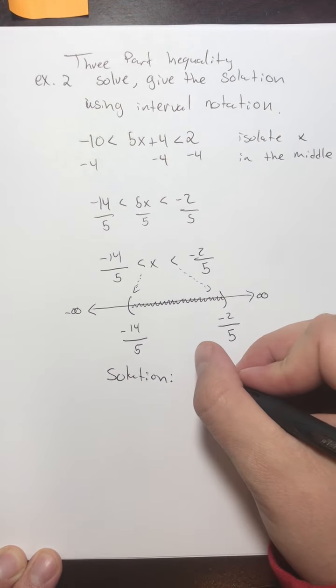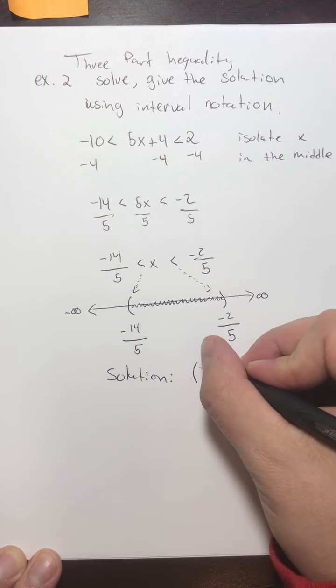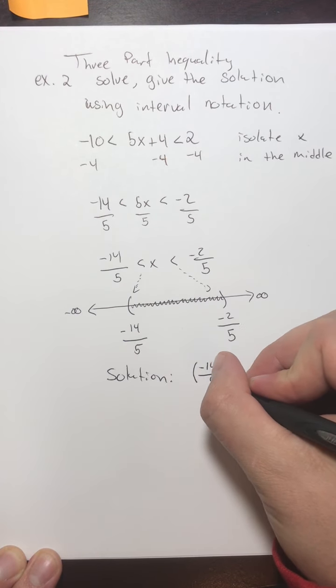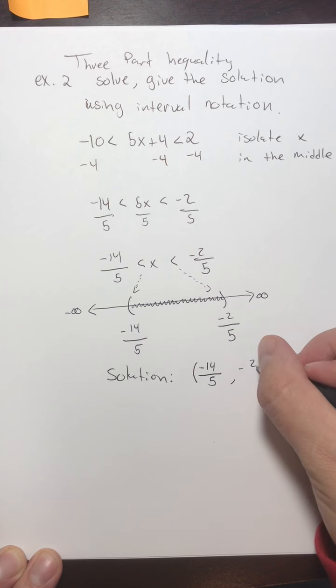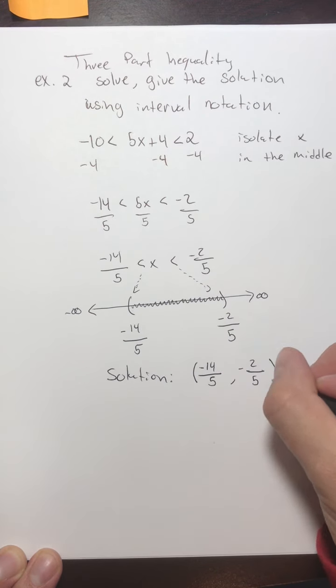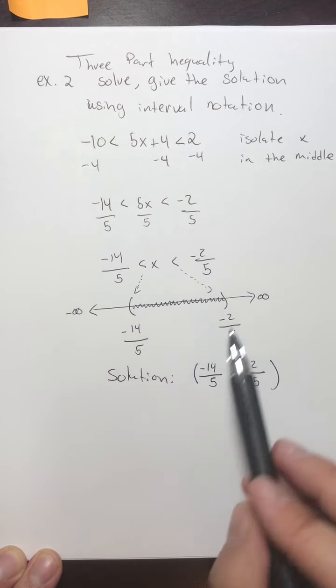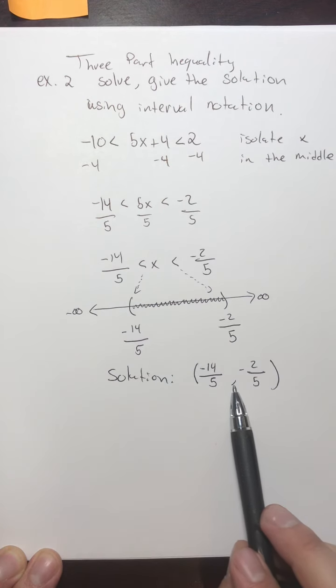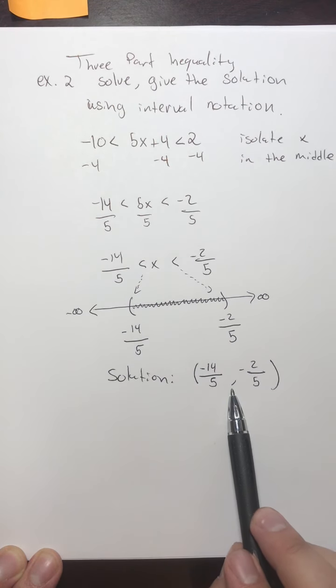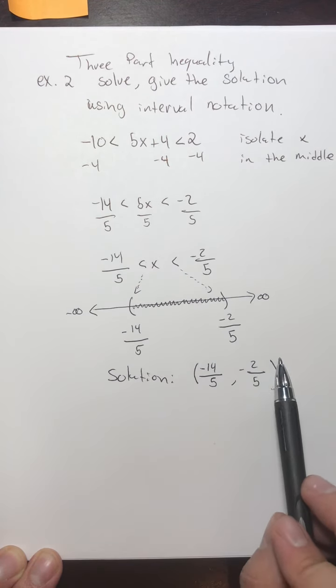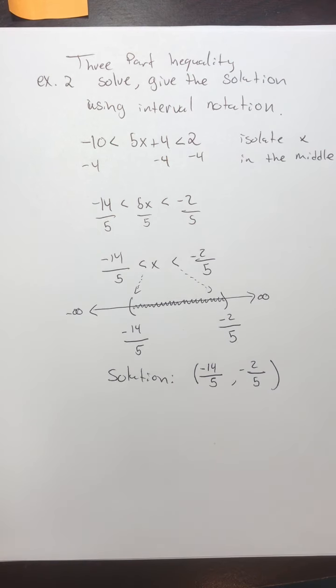And again, I do the number line first because then it helps me see how to write that in interval notation. Parentheses, negative 14 over 5, all of the shading, and then negative 2 over 5, and then close the parentheses.